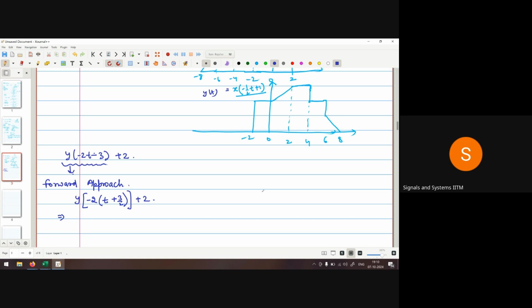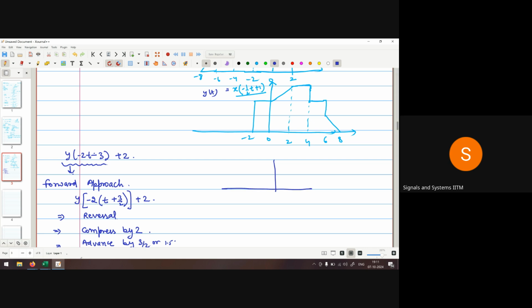So first of all, the reversal property, then compress by 2, and then advance by 3 by 2 or 1.5. The signal is reversed again.